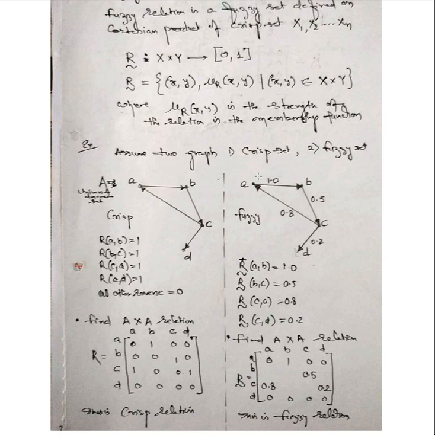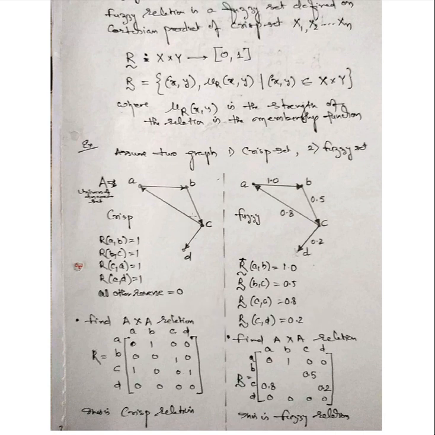Now here a crisp set and a fuzzy set are being shown. If you take this representation of a graph, there are A, B, C and D, and here also A, B, C and D. If you take a relation, it is represented as 1, and all others are 0.